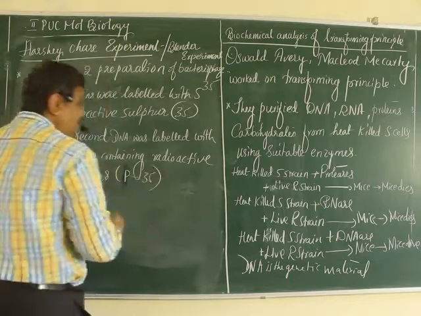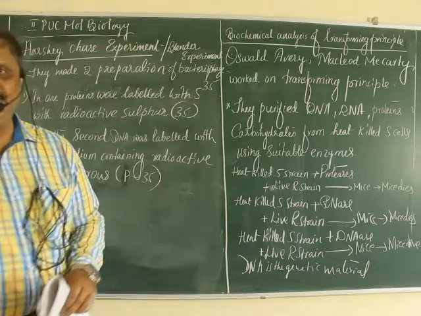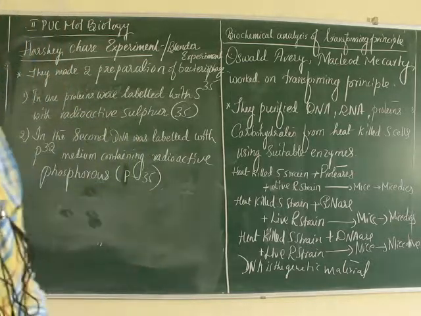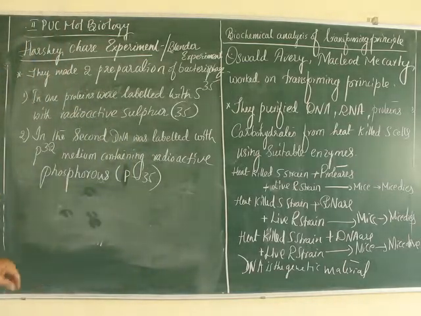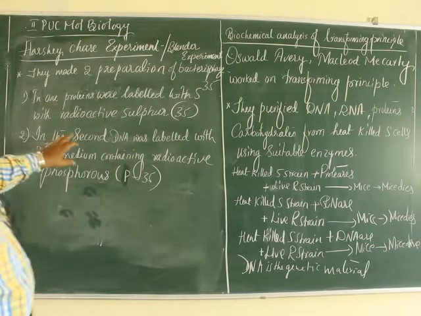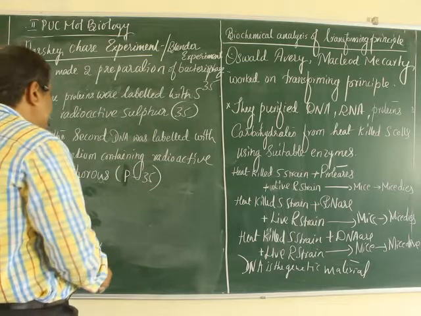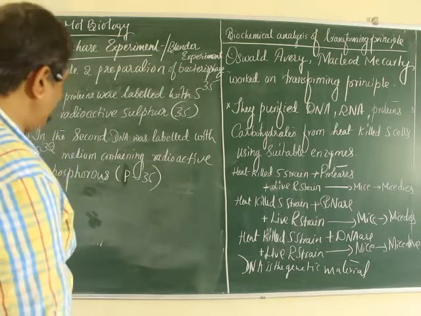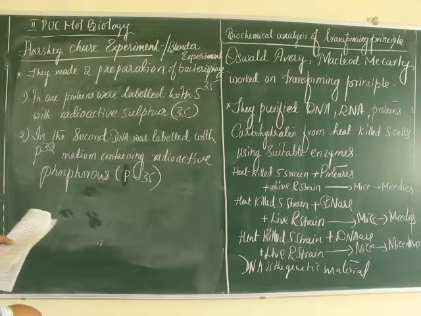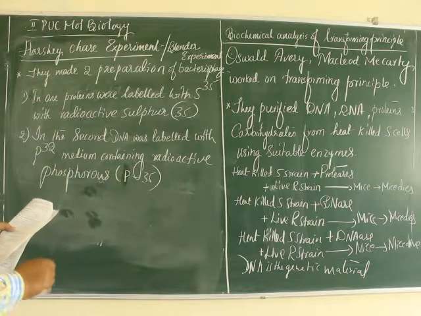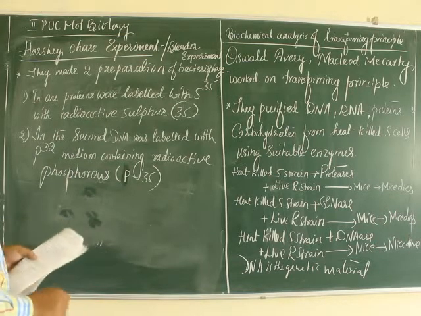That means he made two preparations. In one, he made a medium containing radioactive sulfur S35. In the second, DNA was labeled with P32. P32 means radioactive phosphorus 32.